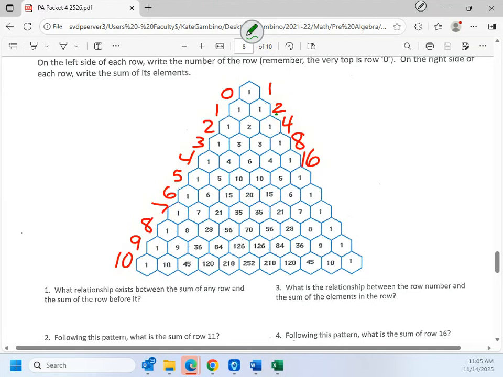Number 3 is the tricky one. What is the relationship between the row number on the left and the sum of the elements in the row? So we're going to be looking from here over to here. I'm telling you, this is a tricky one. I've already had one friend figure it out, which I was pretty impressed by.